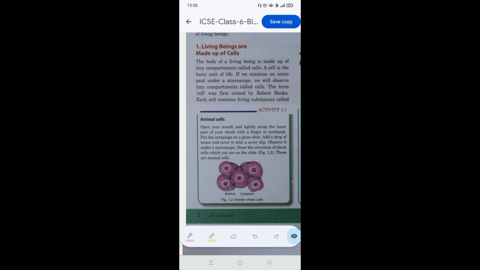Over here, we can see clearly these are a group of mini human cheek cells, not one cell, and each cell has cytoplasm and a nucleus. So, cytoplasm and nucleus are the two major components of cells.